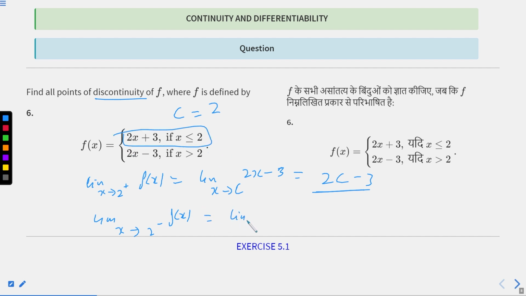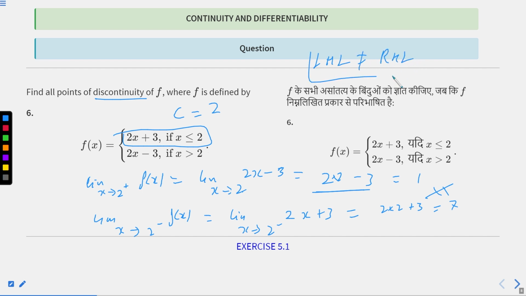This means limit as x tends to 2 from the negative side, you are using 2x plus 3, so 2 multiplied by 2 plus 3 means 7. As you can see, not equal, this means the left hand side limit is not the same as the right hand side limit, this means not continuous, this means the point of discontinuity will be 2. Except 2, everywhere our function is continuous. Let us move to the next problem.